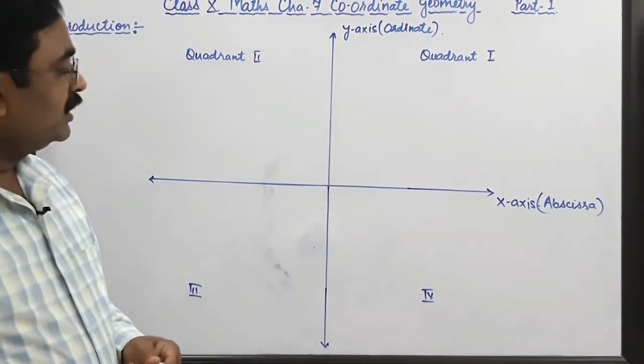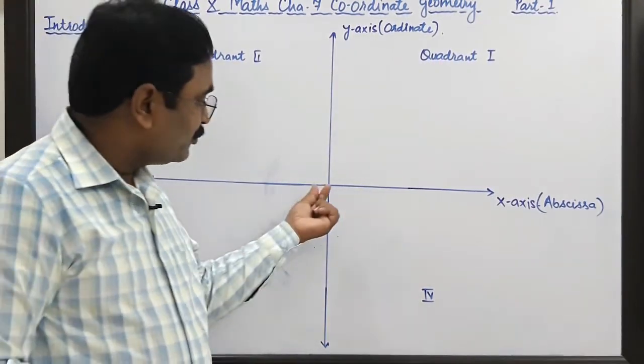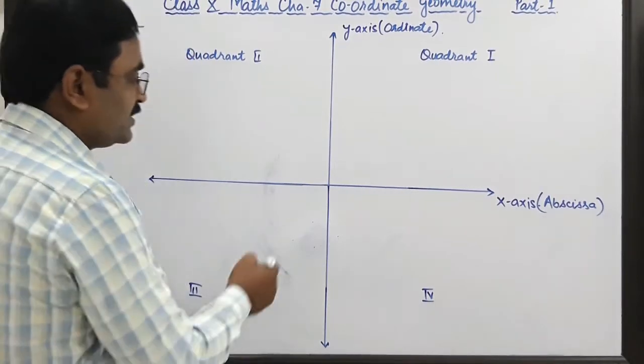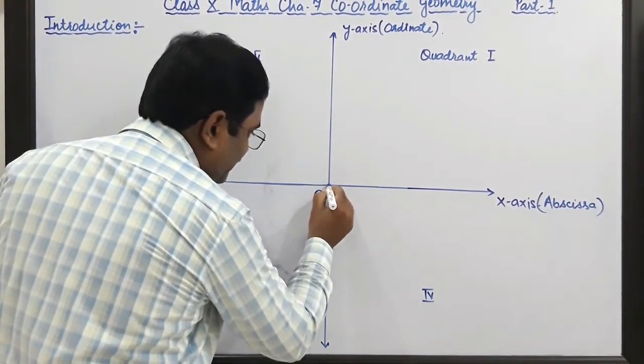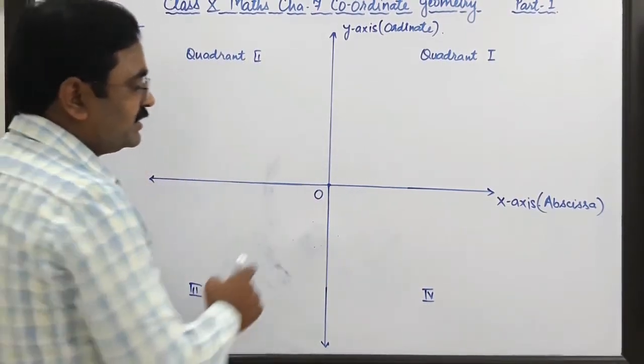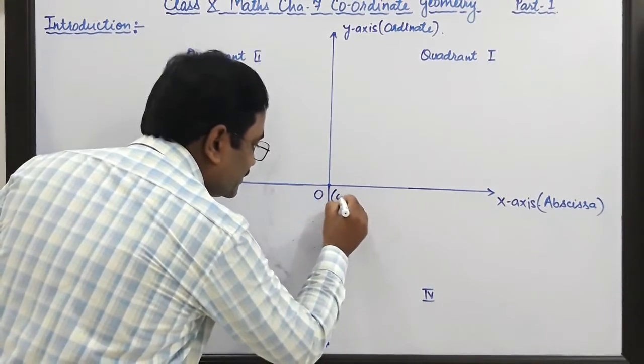Now these 2 axes, x-axis and y-axis, intersect at this point, say this is O. The point of intersection of the axes is called O, for origin. This is the origin.